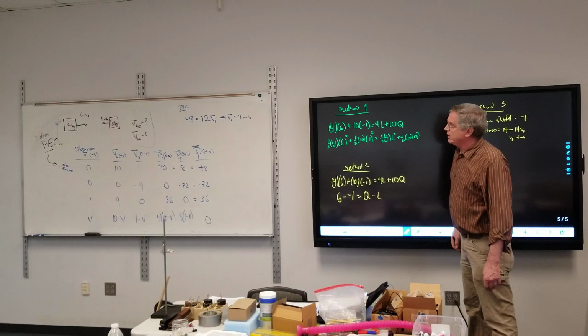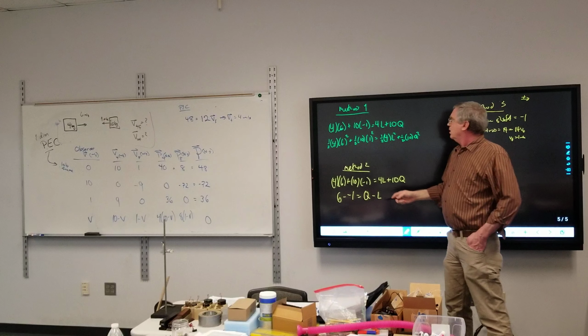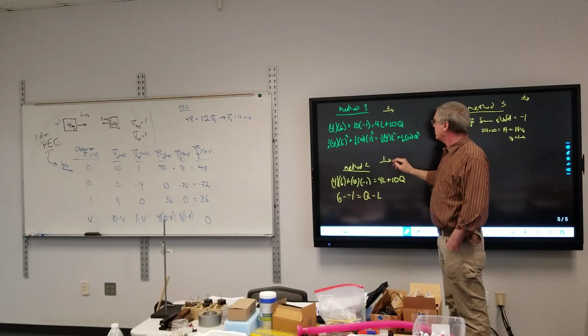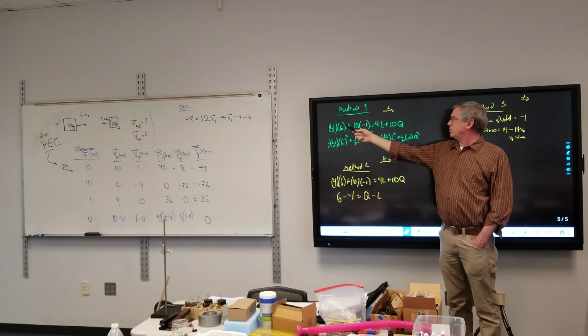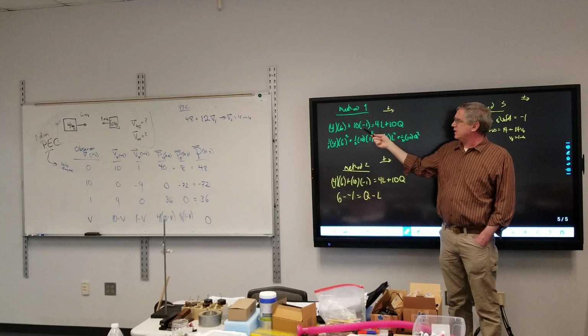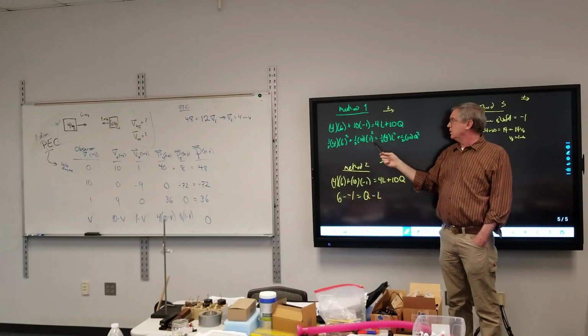I assumed to the right is positive when I did this. Oh, actually, that one also, and that one also. So this is the momentum of the 4 kilogram mass plus the momentum of the 10 kilogram mass, which is going to be equal to the total afterwards.